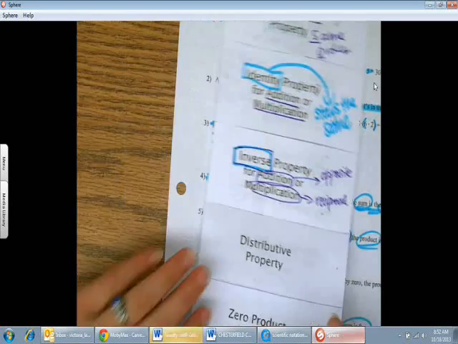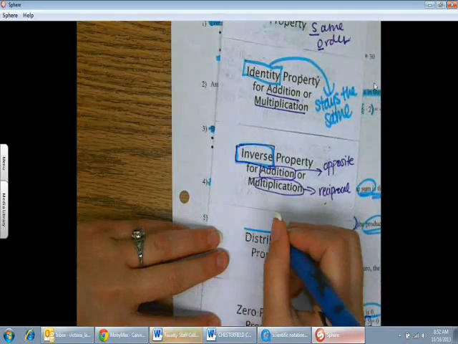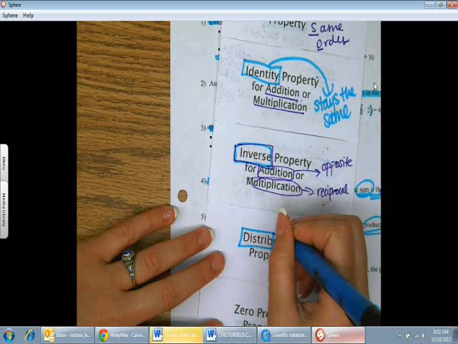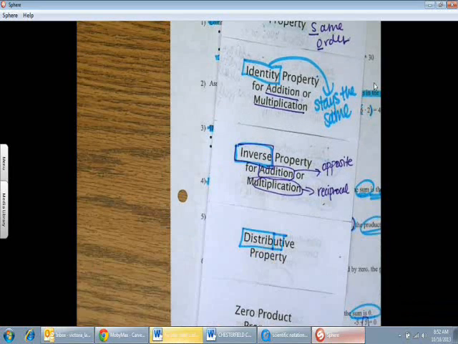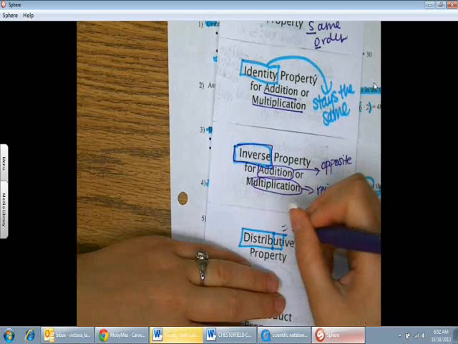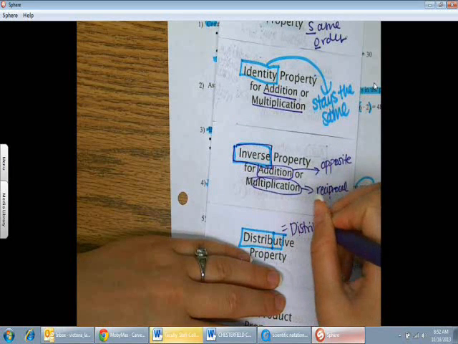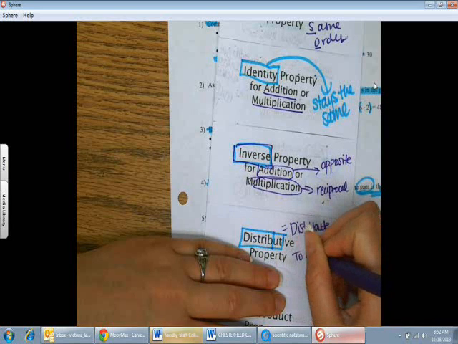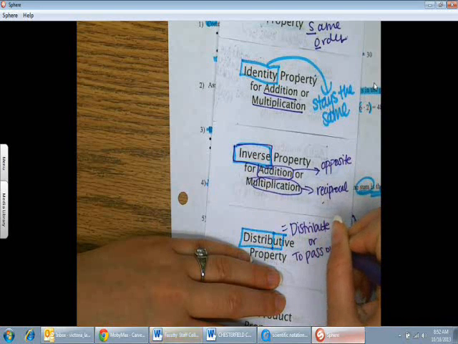So on your distributive property, you can box distribute, and you can put "or to pass out candy."